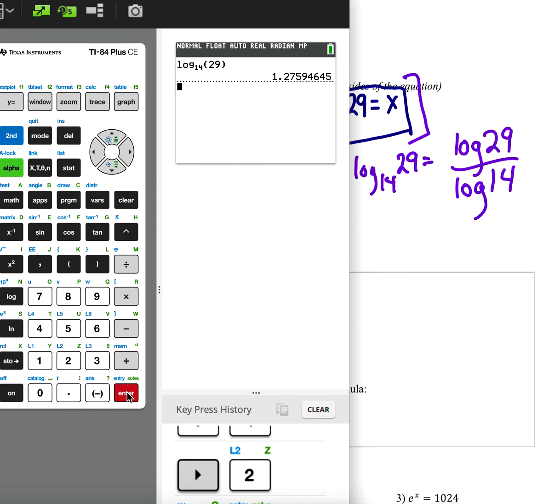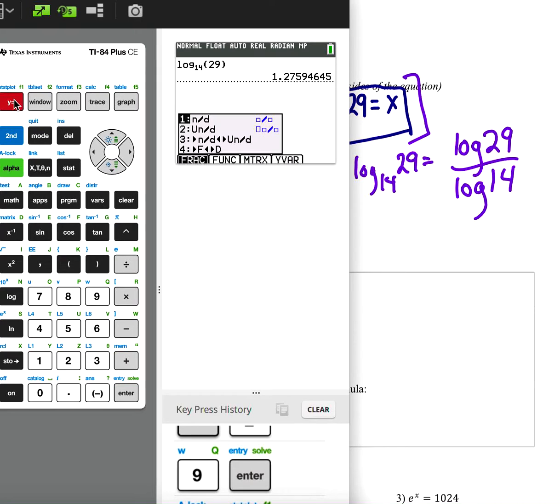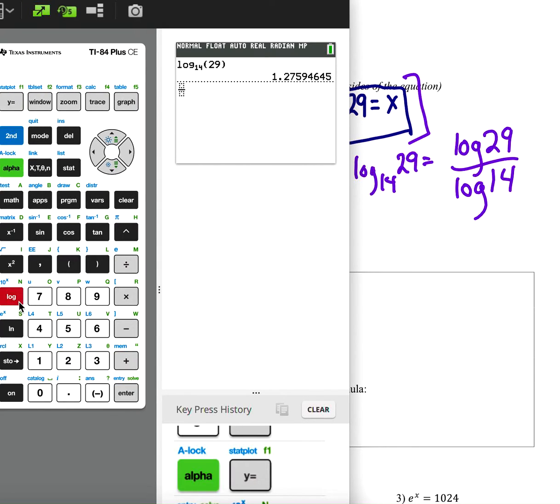And now I'm going to do log of 29 divided by log of 14. We should get the same exact thing, and we do. So it's just a different way of writing the logarithm with a base and an argument.